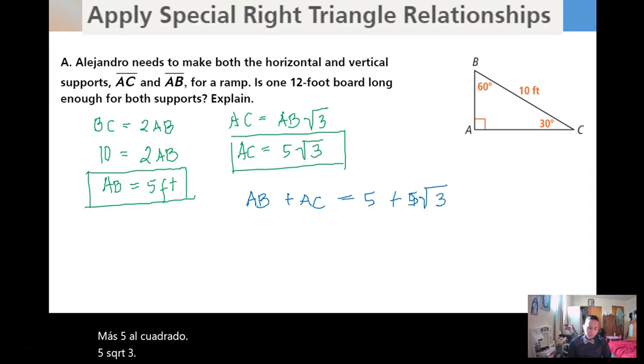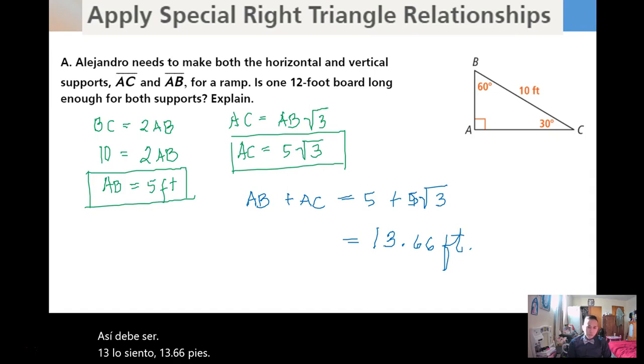That will give us approximately 16, or no, just erase that. So it must be 13.66 feet.